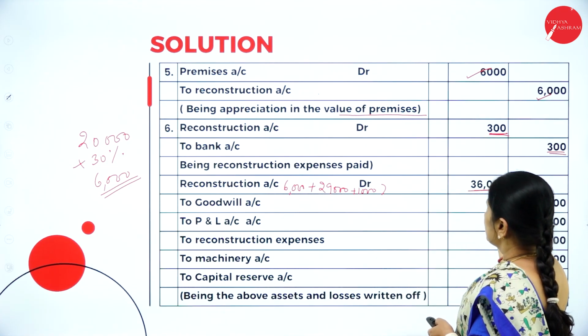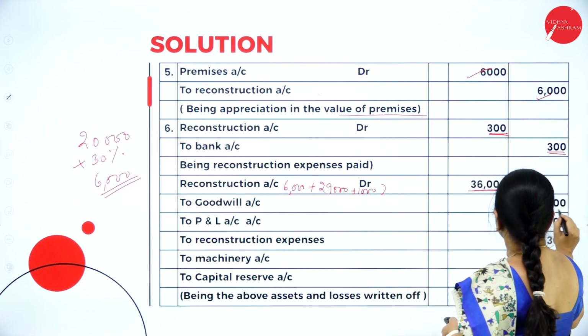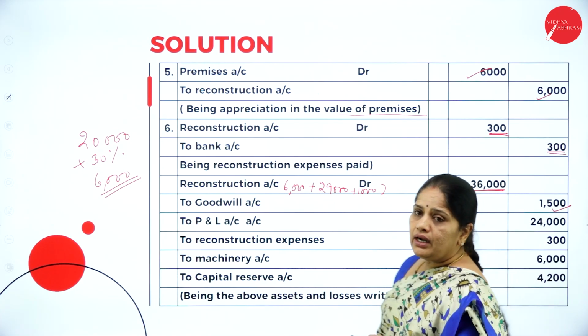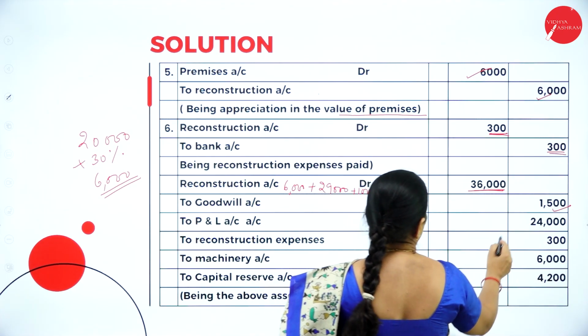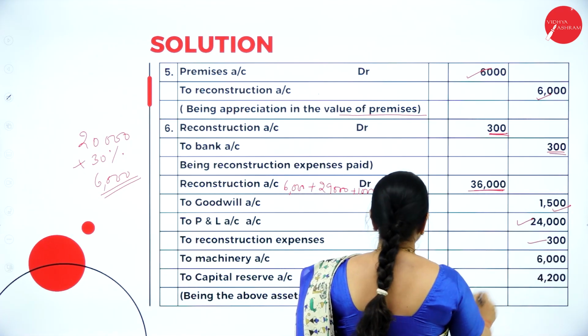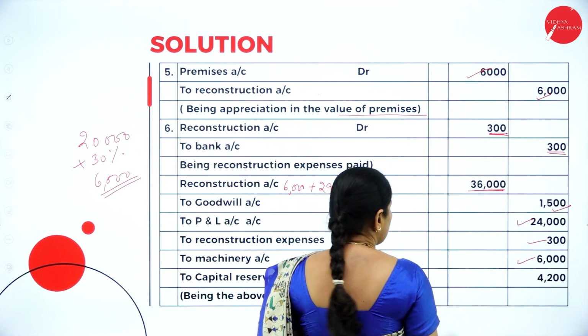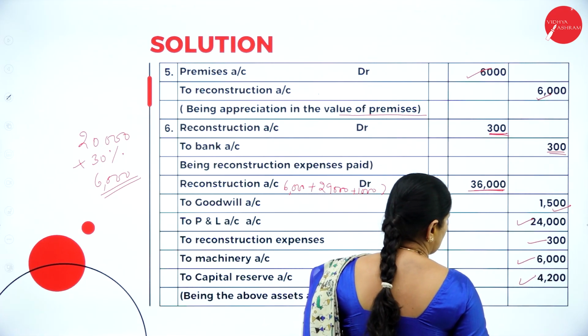So reconstruction account debtor 36,000, to goodwill 1,500, to profit and loss account 24,000, to reconstruction expenses 300, to machinery 6,000, to capital reserve 4,200.